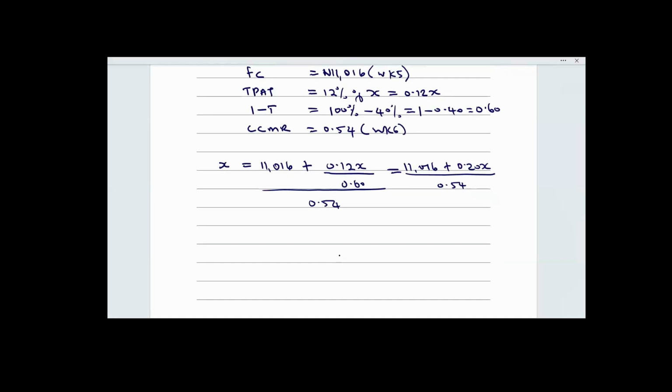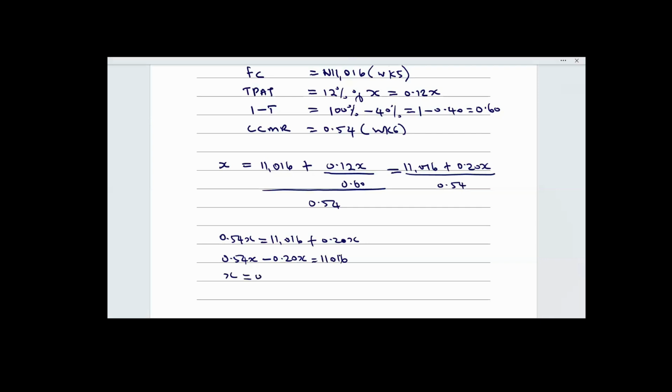So this will be 0.54 of X equal to 11,016 plus 0.20 of X. Okay? So you now collect like terms. This will be equal to 0.54X minus 0.20X equal to 11,016.